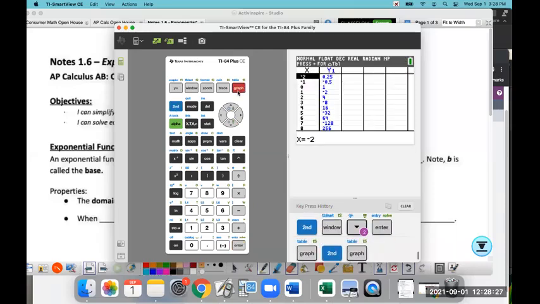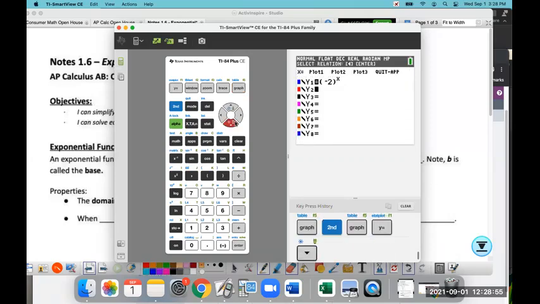Okay, so what's happening is the points should be oscillating between positive and negative. So if we look over at the right side, depending on whatever that power is, whether it's even or odd, your output should be oscillating between positive values and negative values. So that's why it's not actually considered an exponential function. It's not following that typical exponential shape.